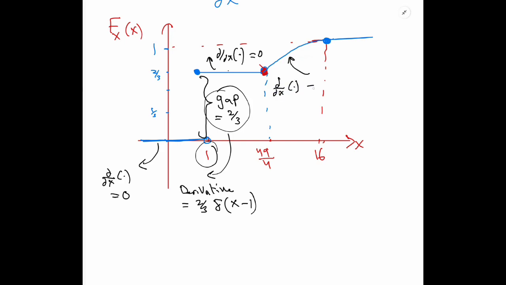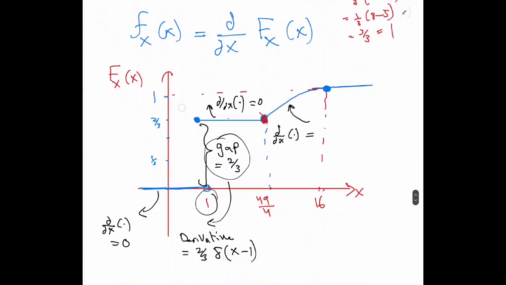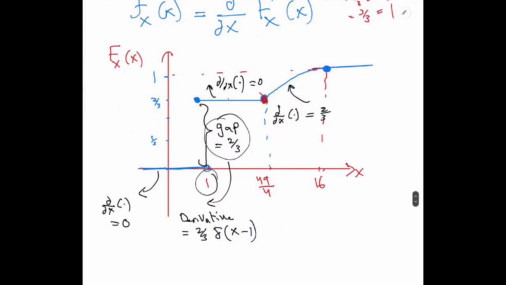The derivative of this function is equal to 2/3 times 1/(2 root x), which is 1/(3 root x). And the derivative here is equal to 0.